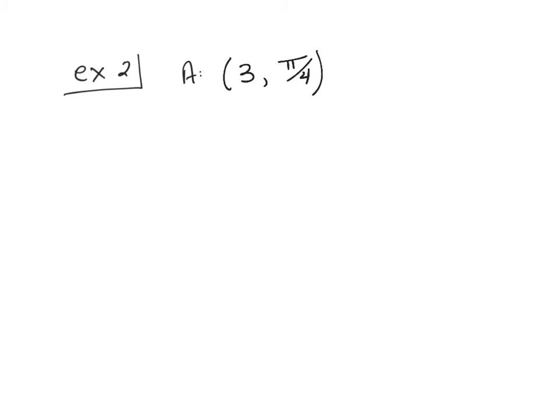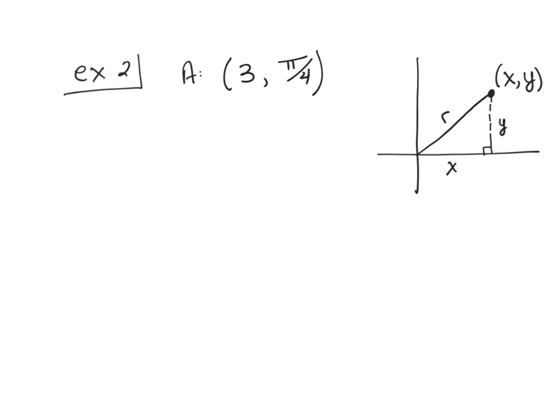So for example, if I had a point over here, we'll call it x comma y, I already know that if I wanted to make that reference triangle, I already have the ability to use the radius, which in this case is an r value of 3.